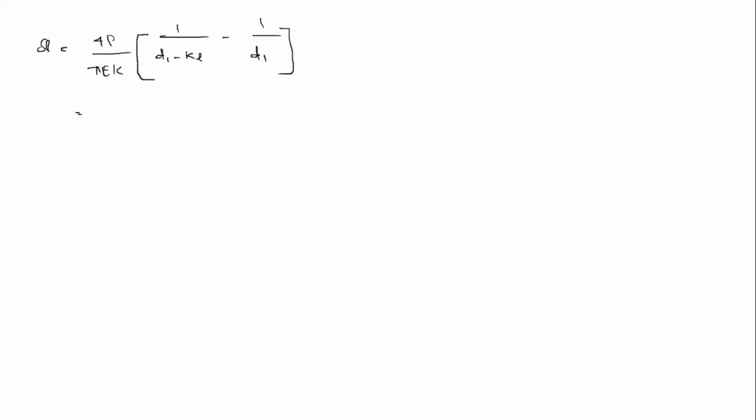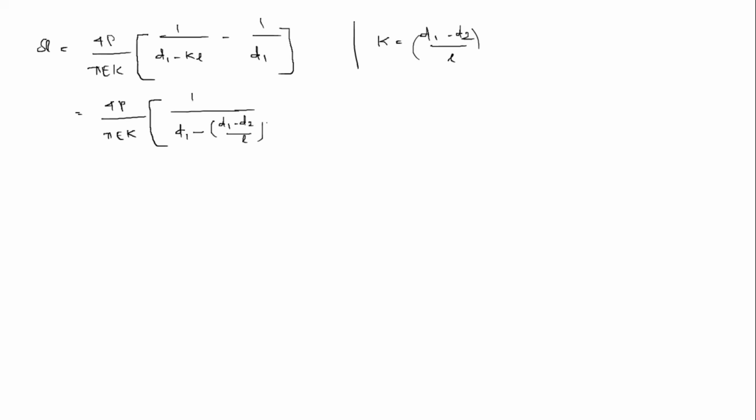So now 4P divided by pi E k, we have to substitute the k value. We know the value of k: k is equal to (d1 minus d2) divided by L. This is the k value we assumed in the first slide. So we have to apply the k value here: 1 divided by (d1 minus (d1 minus d2) divided by L into L) minus of 1 by d1.